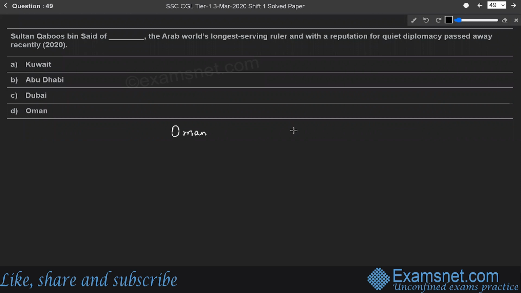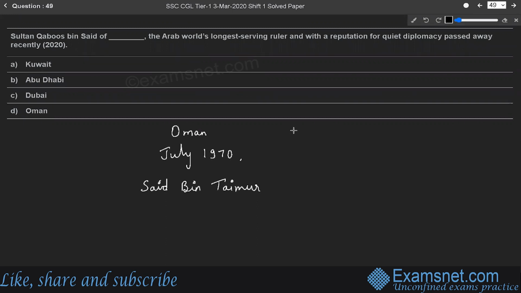He also ascended the throne in July 1970. And after that, he was also assisted by the British. His father was Said bin Taimur. He also succeeded his father, and after that, he established a council of ministers and granted universal suffrage to the citizens of all Oman.